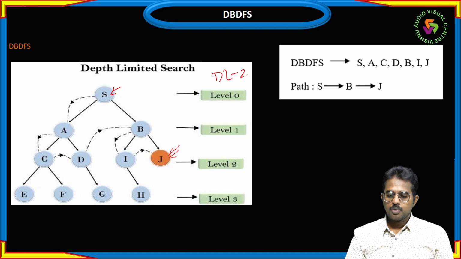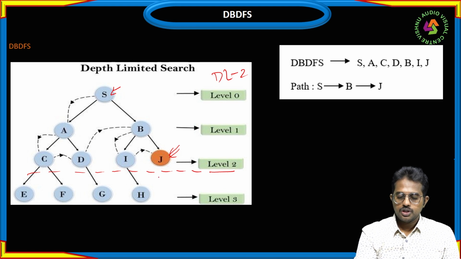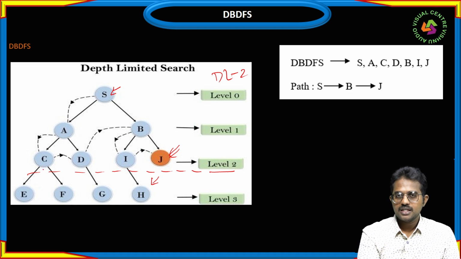For this problem, the nodes present after level 2 will be ignored by their parent, that is C. Initially C has two children, E and F. After the depth limit is reached, C acts as if it does not have any children, so C is a leaf node.